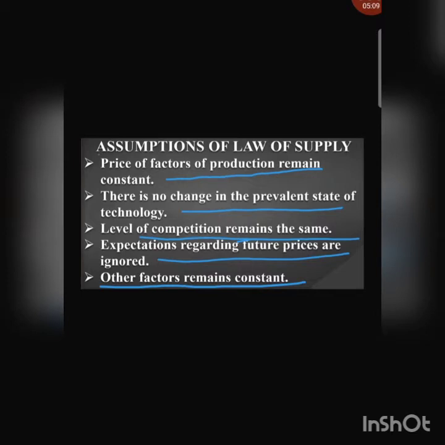So this is the assumption in the law of supply itself: all the factors affecting supply are assumed to remain constant other than the price, because as the price increases the supply expands, and as the price decreases the supply contracts. These 5 points you need to write whenever the assumptions of the law of supply are asked.